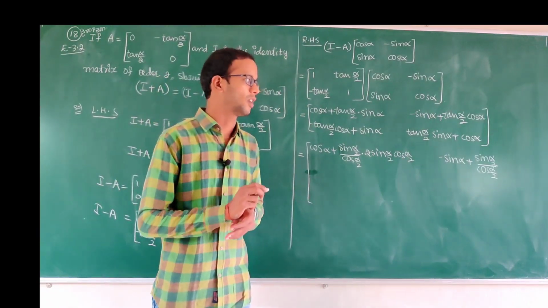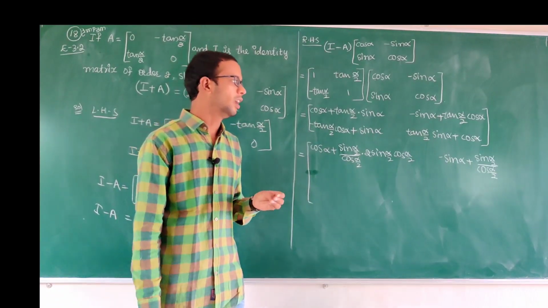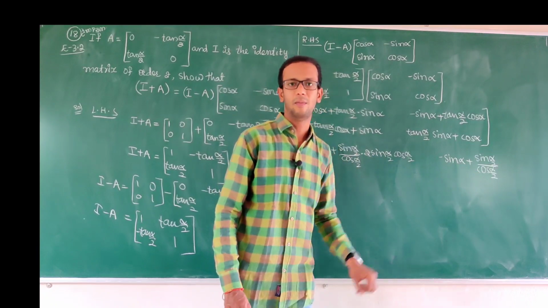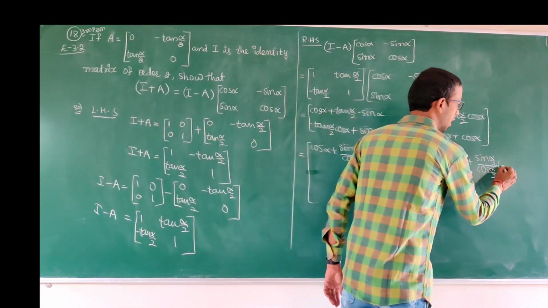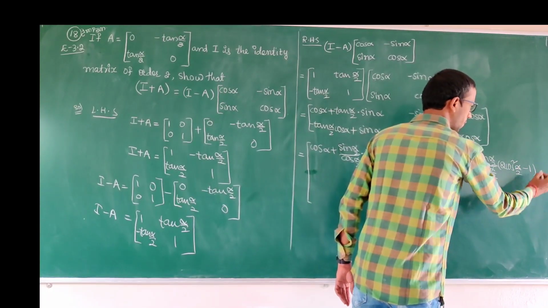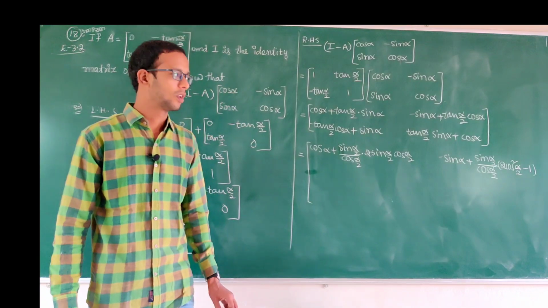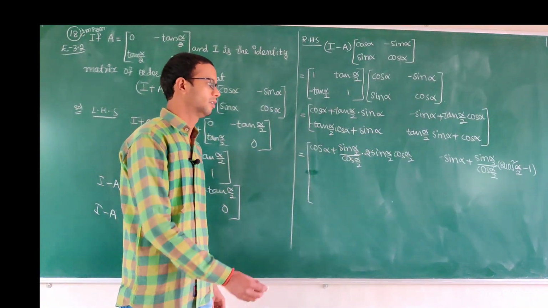What are the formulas for cos alpha? 4 different formulas are there. Here you observe cos alpha by 2 is there, so convert into cos: I'll write here 2 cos square alpha by 2 minus 1.